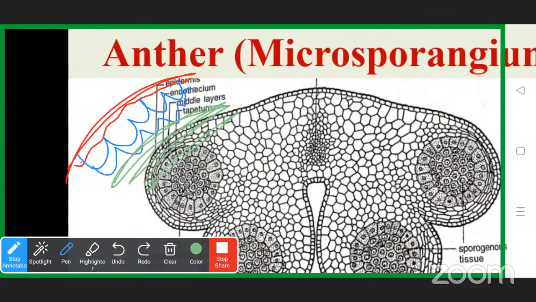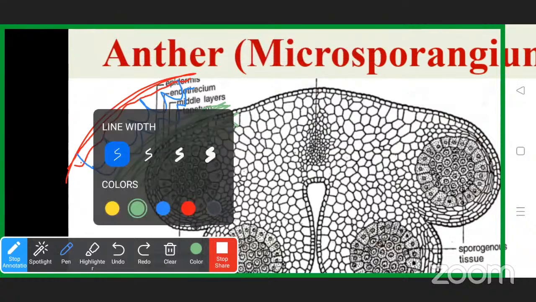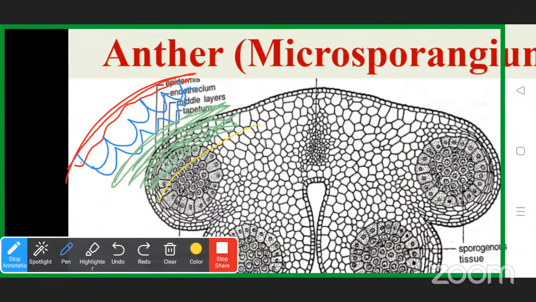The middle layers, 3, 4, 5 layers. Middle layers are there. And then the innermost layer of the anther is called the tapetum.